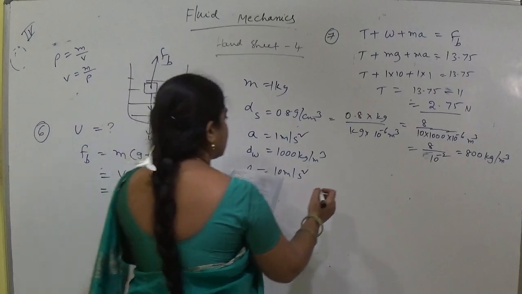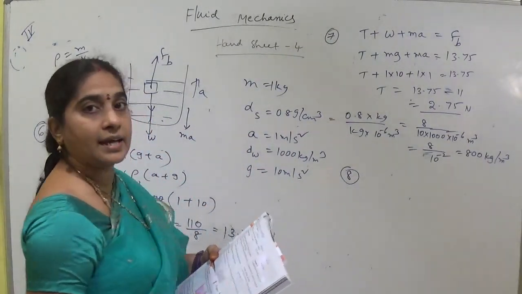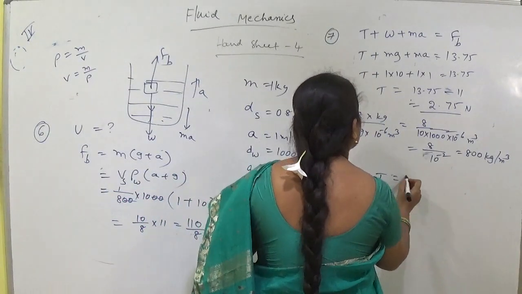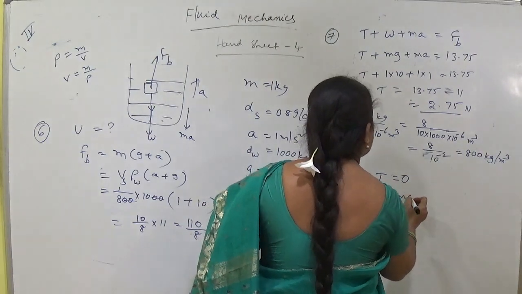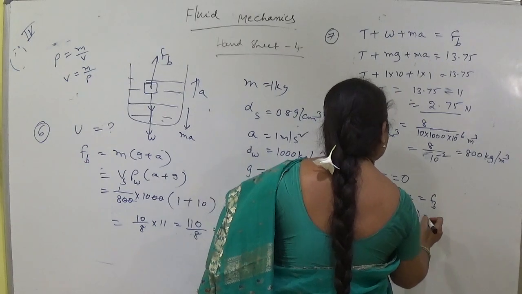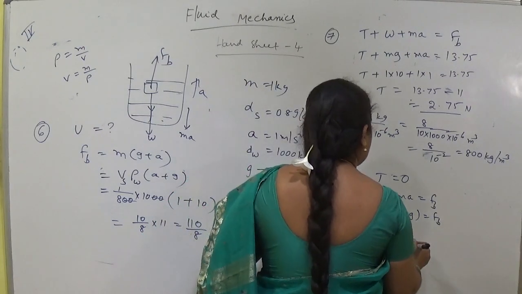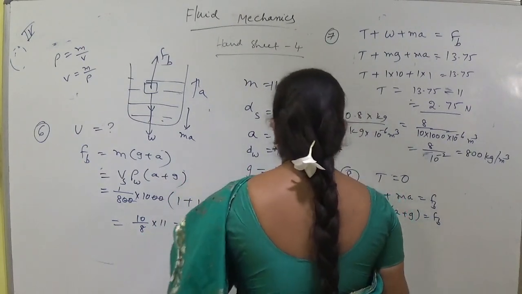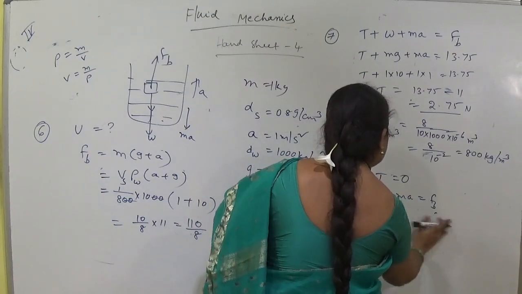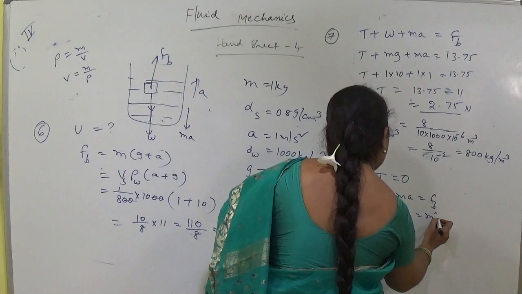Next, another one, the 8th. The string is now cut. If the string is now cut, find the acceleration of the block. So T is equal to 0. W plus MA is equal to FB. Now what do we need? The acceleration of the block. mg minus FB is equal to ma.